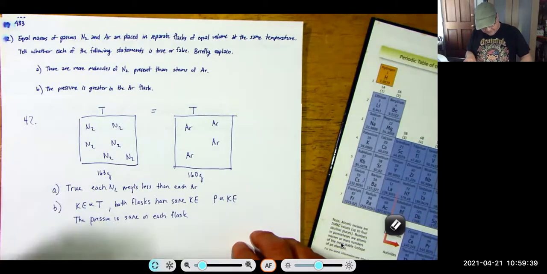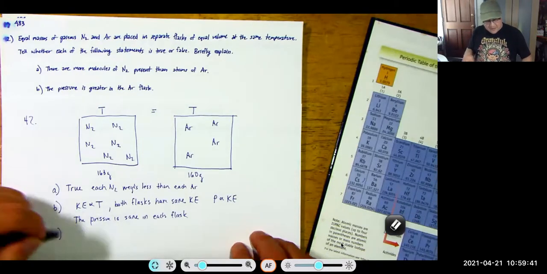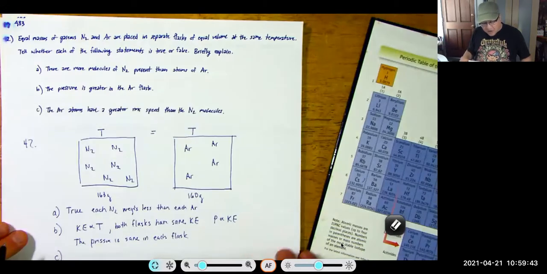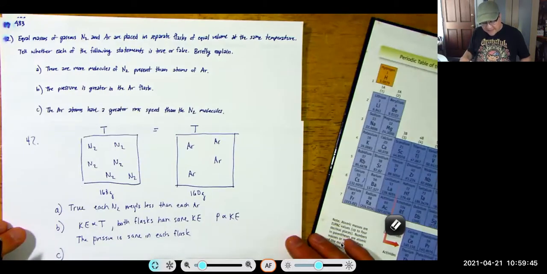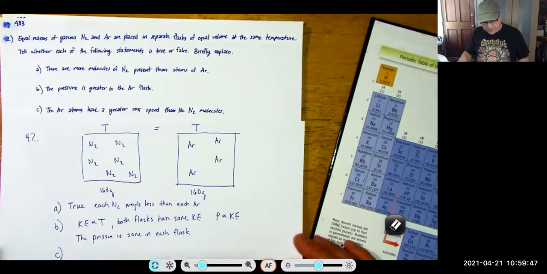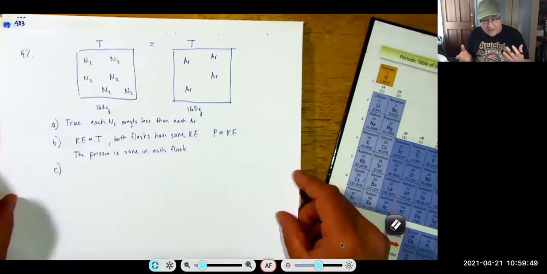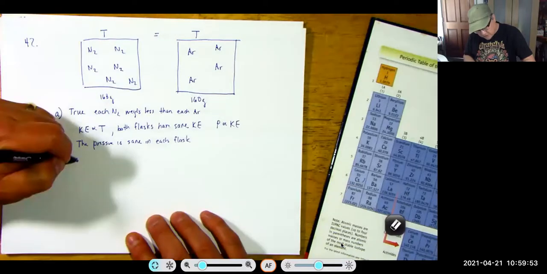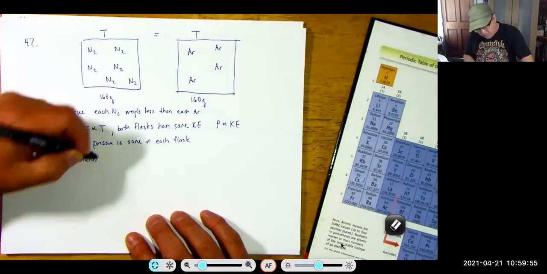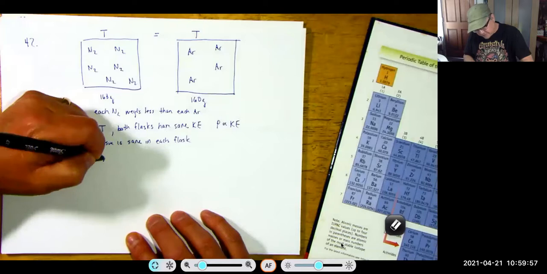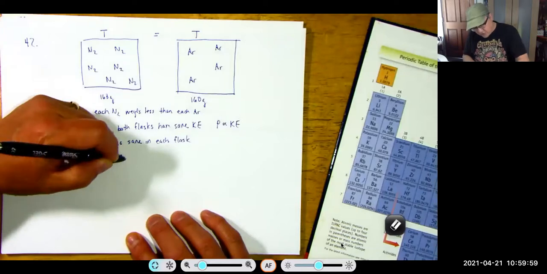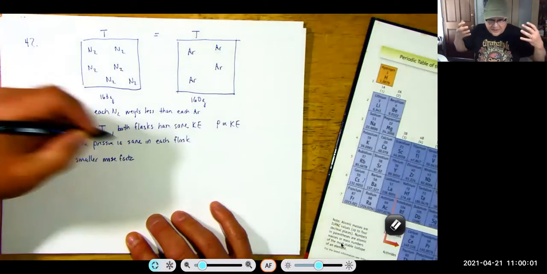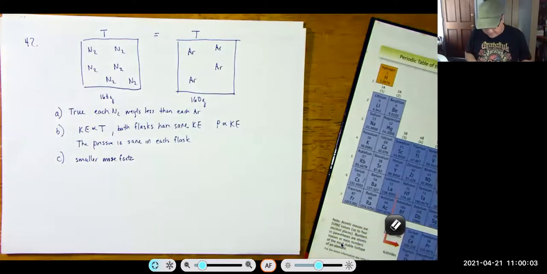C. The argon atoms have a greater RMS speed than the N2 molecules. So that's that velocity I was talking to you about, where we say smaller move faster. So RMS speed is how fast they move.